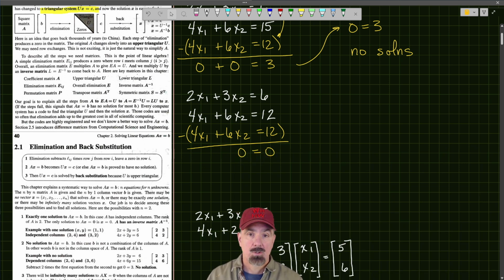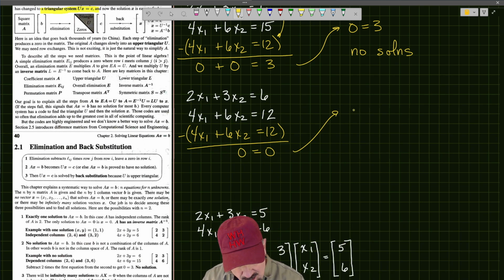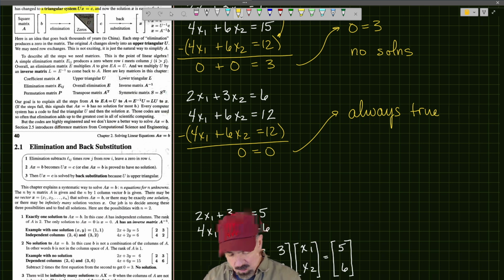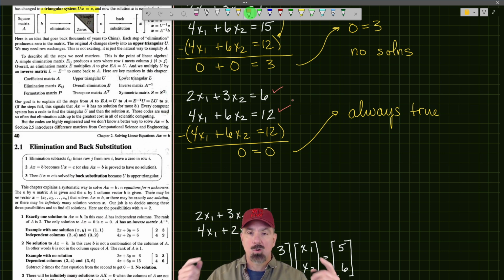That's always true. This situation is always true, and the result then is that we have an infinite number of solutions, because what you'll notice is these two equations are actually the same equation. The second equation is just the first one multiplied by 2.